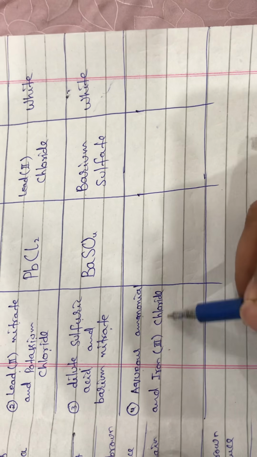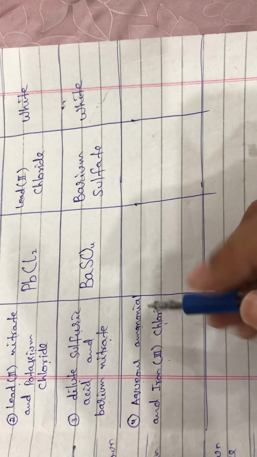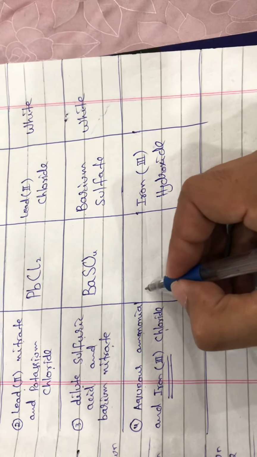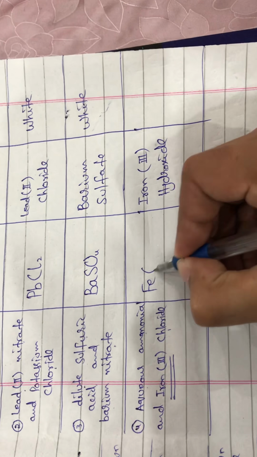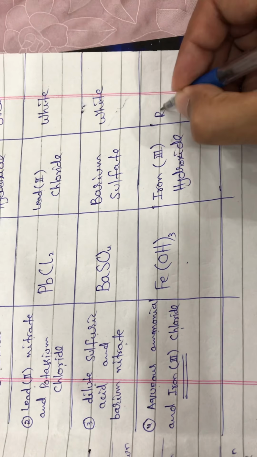Lastly, aqueous ammonia and iron 3 chloride, again the identification of iron 3 ions. It will produce iron 3 hydroxide, and iron 3 hydroxide formula is Fe(OH)3. This iron 3 hydroxide will produce the reddish brown precipitates.